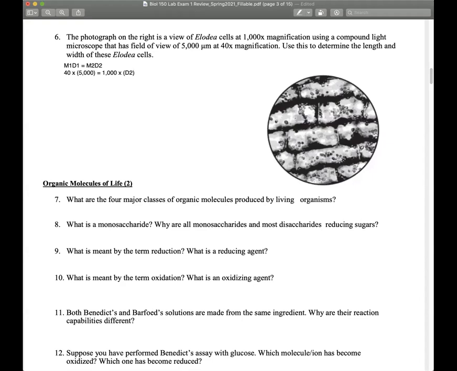It is 200, yes. So the field of view here, what we're seeing, this image is 200 micrometers across.